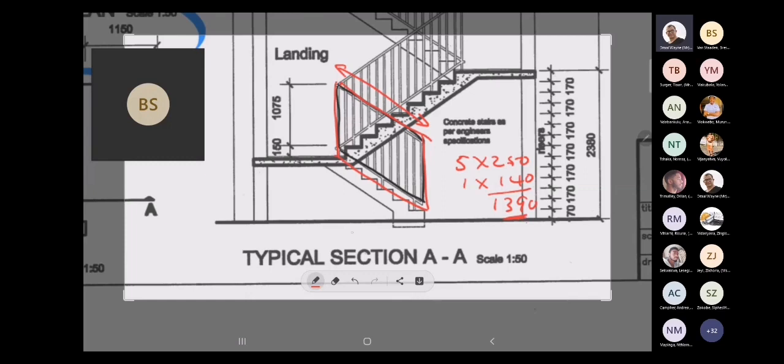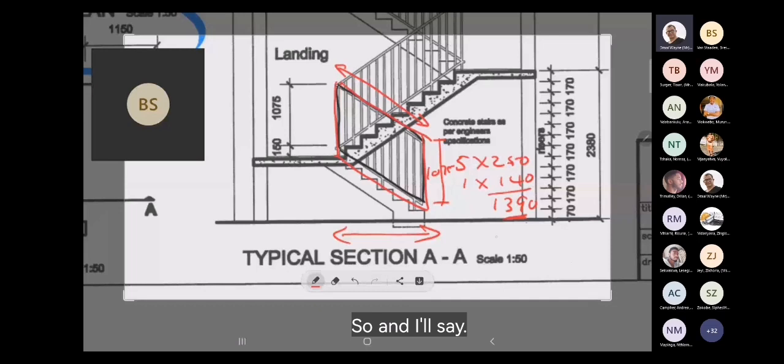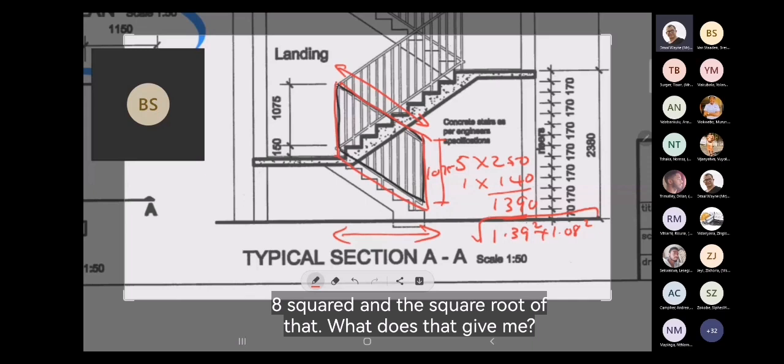1390 as my horizontal, and for my vertical we said 1075. So I now say 1.39 squared plus 1.08 squared, and the square root of that.